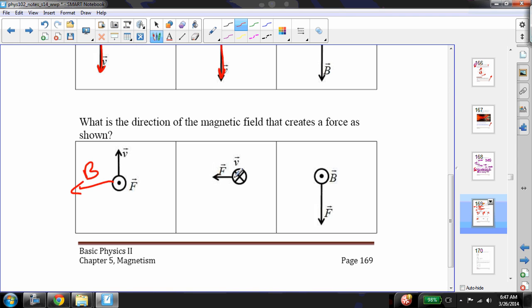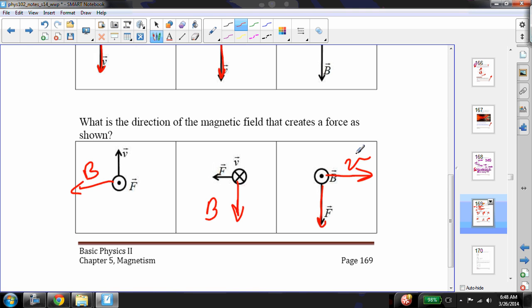Here, fingers into the page, my thumb to the left, and my magnetic field is in this direction. And here, I will take my thumb down, my palm pointing so that it's out of the page, because that's my magnetic field. My thumb down, my palm out of the page, folding my fingers out of the page, and so my velocity vector is to the right. That's a hard one. That's sort of a contortionist one.